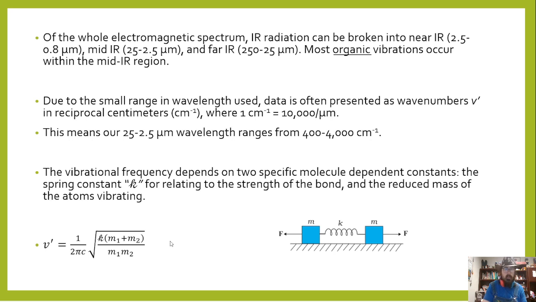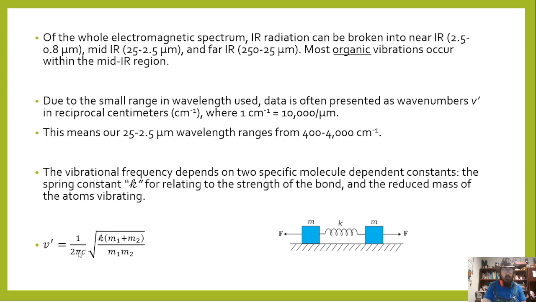And here's where things like deuterium can really play a big part, because deuterium isn't going to really have a stronger bond than a hydrogen, but the reduced mass changes greatly, because instead of having, say, 16 times 1 over 16 plus 1, it's now 16 times 2 over 16 plus 2. So a rather big change.